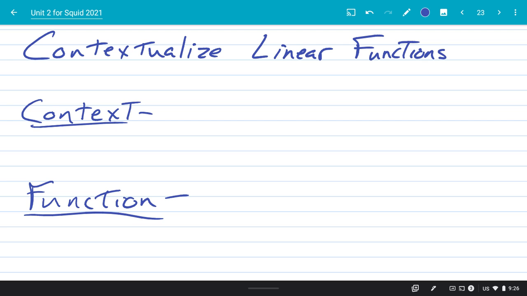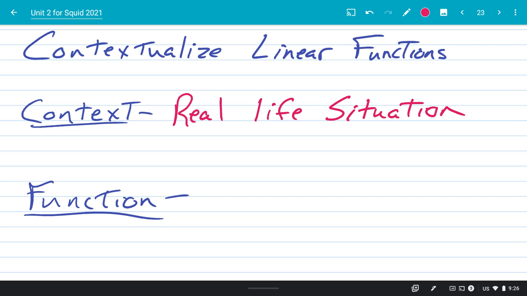Contextualizing linear functions. First, what does context mean? We've talked about this in section 1.1. Real life situation. This is where the rubber meets the road.